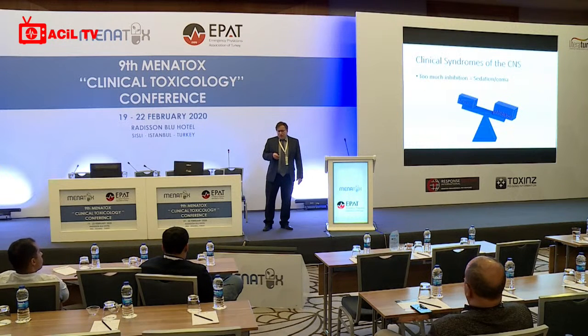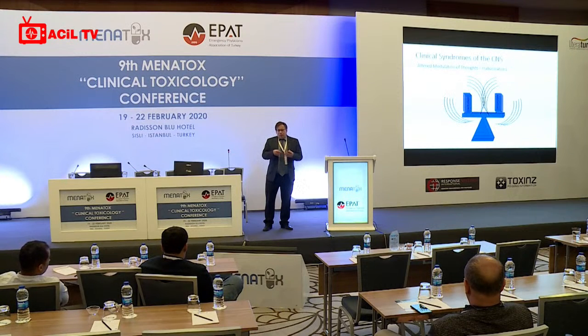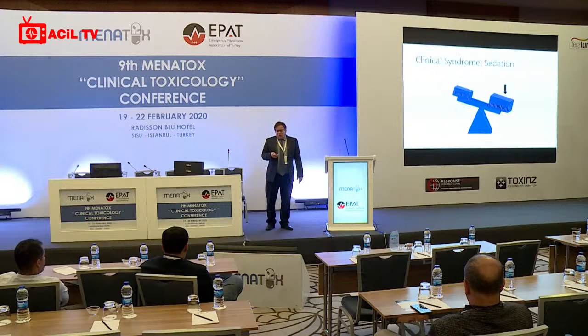And we'll talk more about that in a couple of minutes. So too much inhibition can lead to sedation and coma. Too much stimulation can lead to convulsions. And altered modulation of thoughts may manifest as hallucinations. So those are the 3 main subtoxidromes under the CNS alteration that we'll discuss with some clinical examples.